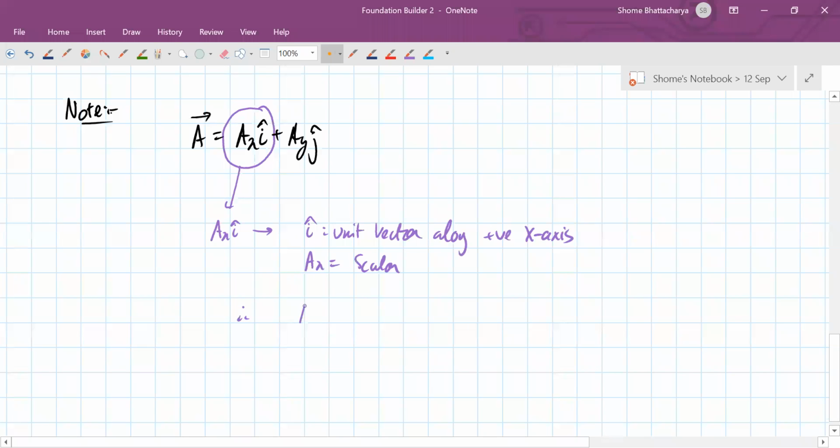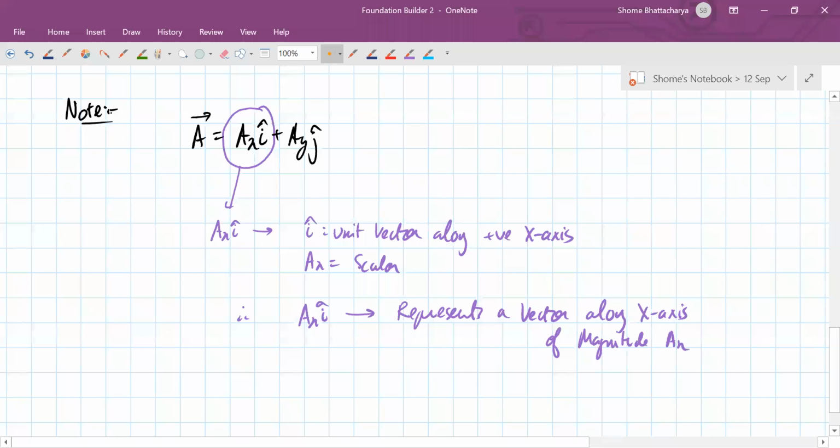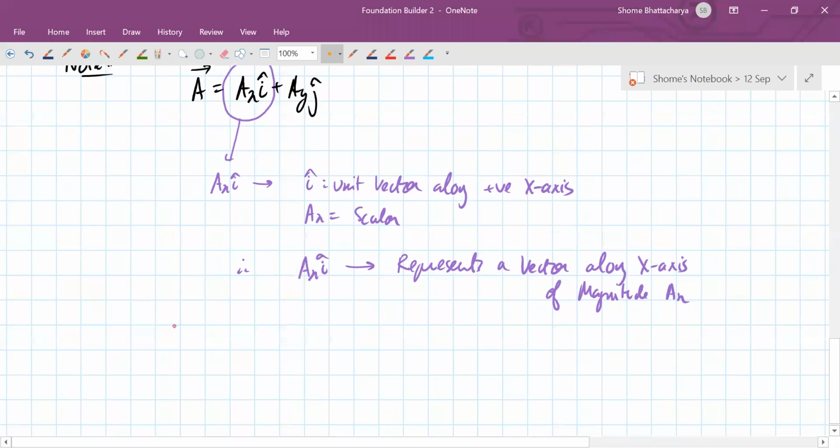So therefore, the quantity Ax into I cap represents a vector along the x-axis of magnitude Ax. So for example, the quantity 3 I cap represents a vector of magnitude 3, okay, along positive x-axis.